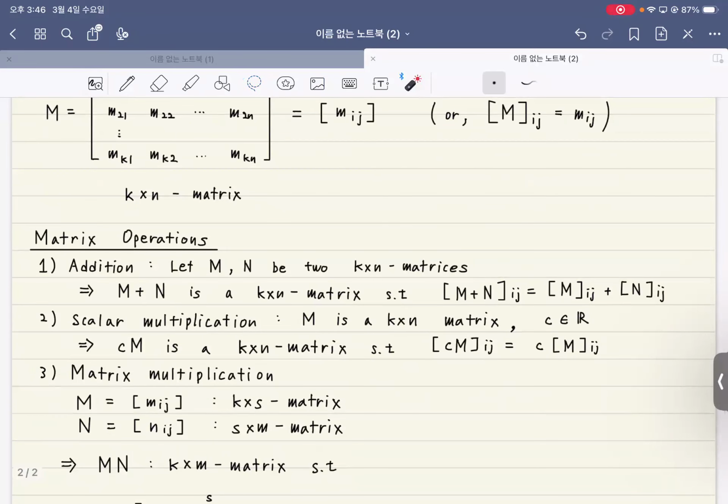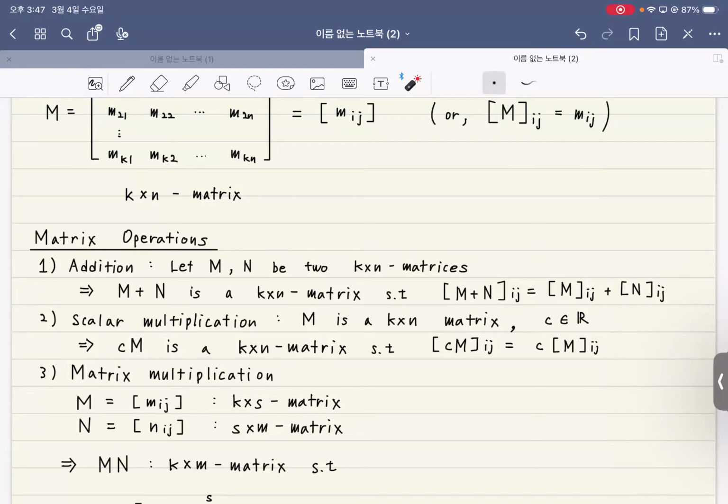First we have the addition and the scalar multiplication. Matrix addition is only defined for two matrices with the same indices. Therefore, you can only add two matrices if they have the same number of rows and the same number of columns.